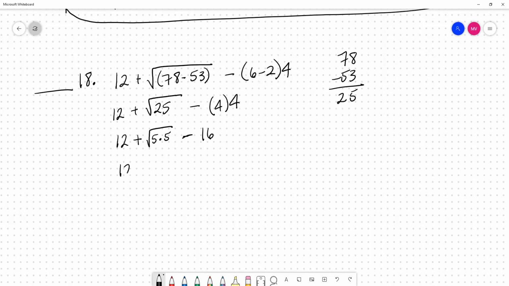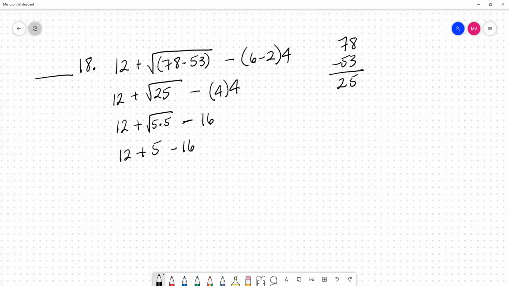All right, so now we have 12 plus 5 minus 16. I just simplified that 25, it's 5 times 5 under the square root symbol. What do you do first?